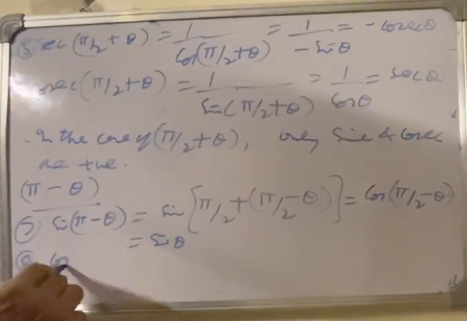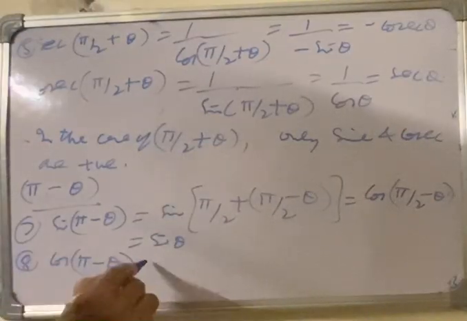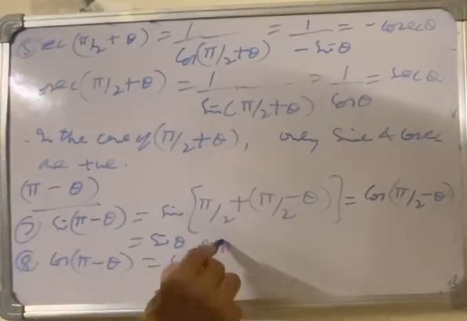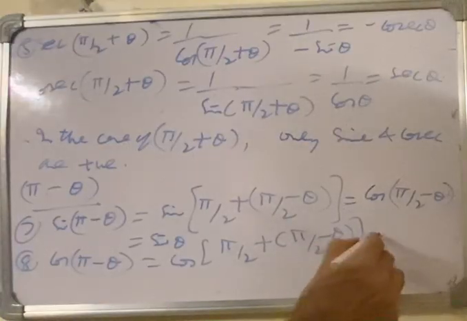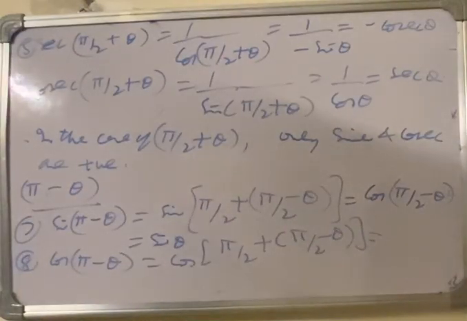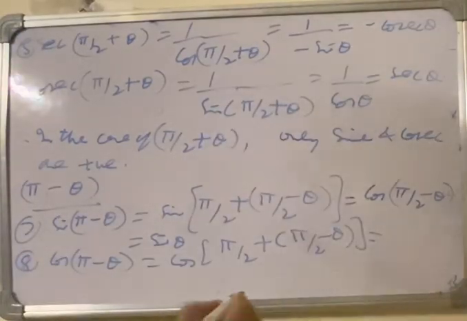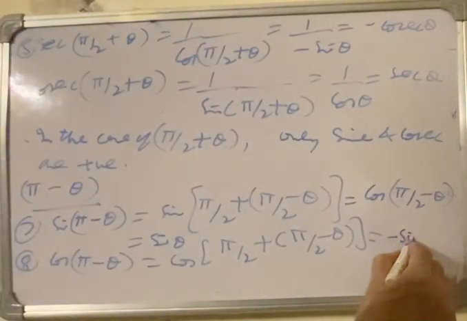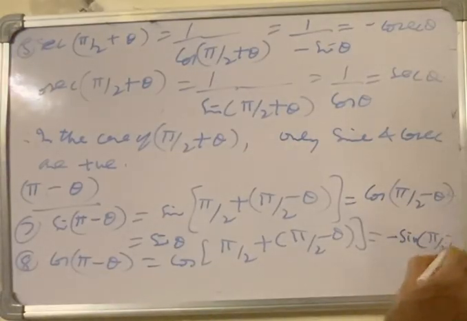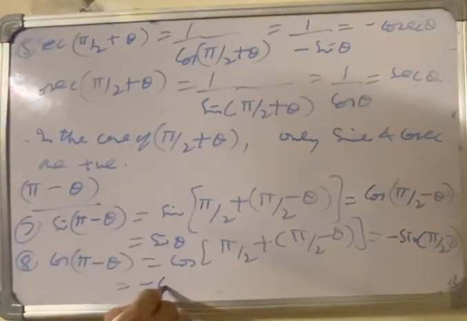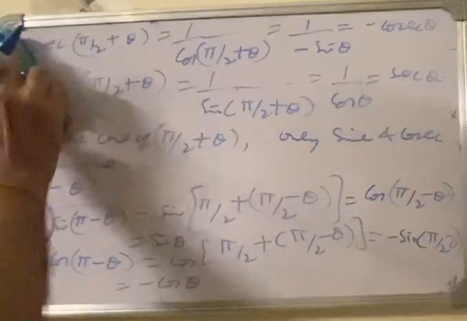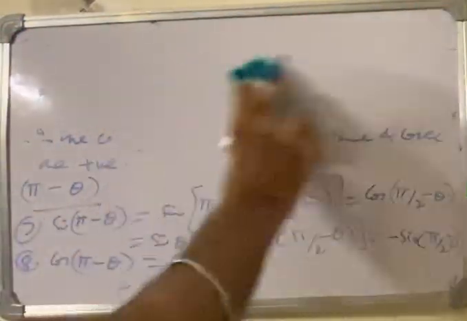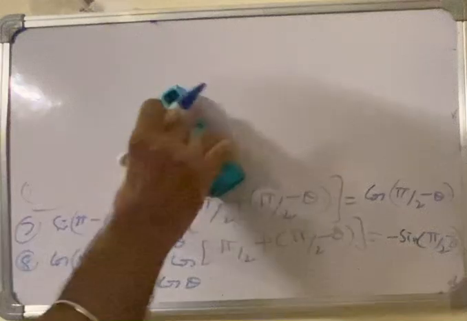Then cos of pi minus theta is cos of pi by 2 plus pi by 2 minus theta. In the second quadrant, cos of pi by 2 plus theta is minus sine of pi by 2 minus theta, which is minus cos theta. So cos is negative and sine is positive. Then next we take tan, cot, secant and cosecant.